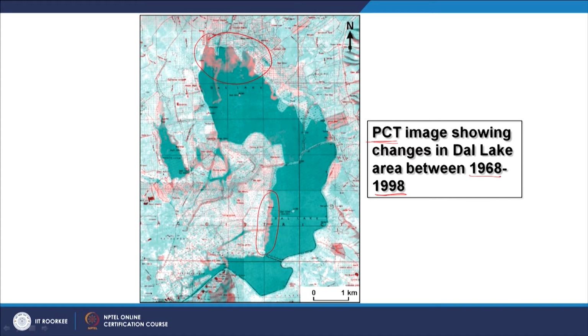So if we want to see the changes that occurred in those 30 years, where the changes occurred and how much, that can be detected through this pseudo color transformation technique, and that comes under this whole discussion of image merging or image fusion.